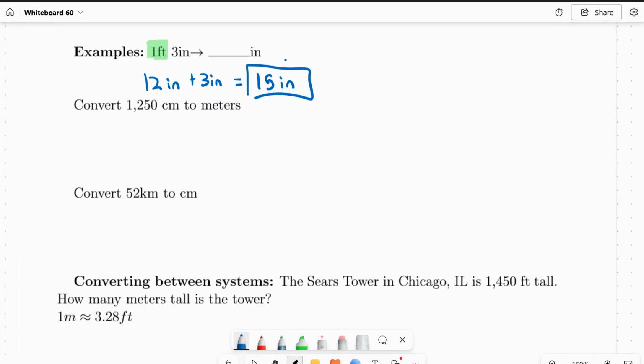Obviously that example is a fairly simple unit conversion, but sometimes it won't be that easy. Like in example 2, we have 1,250 centimeters converted to meters. How I want you to set this up is take your initial value, 1,250 centimeters, and put that value over 1. That will be my first fraction.